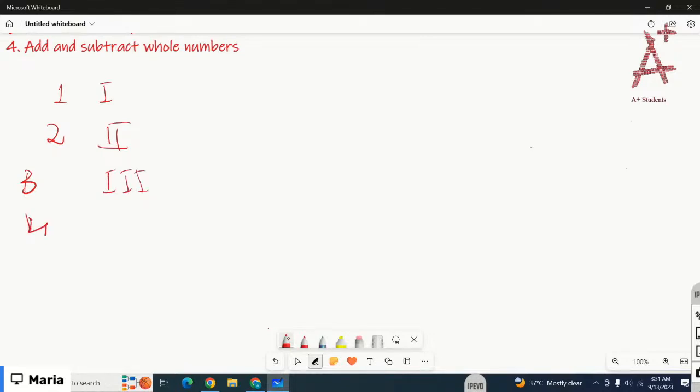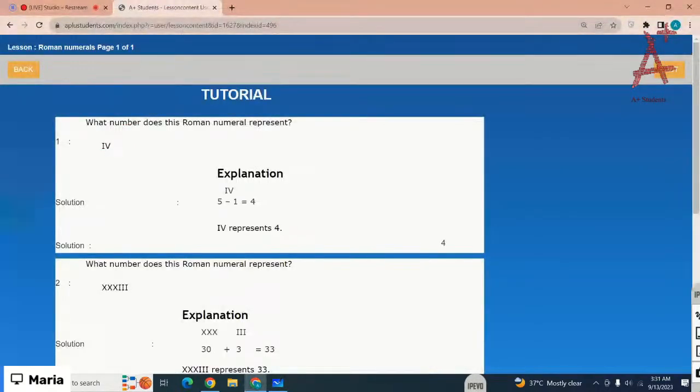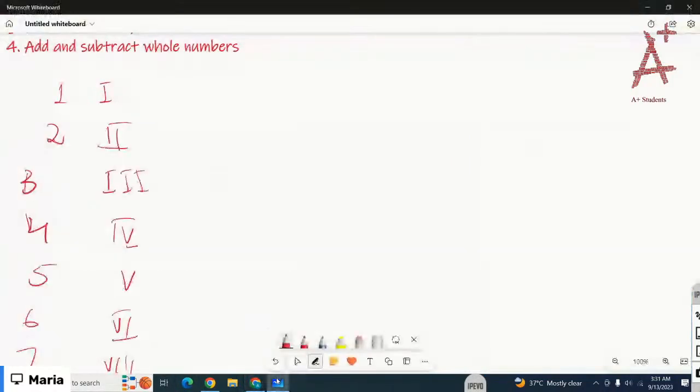Then you can write 4 as IV, then you can write 5 as V, then 6 as VI, then 7 as VII, right? That is 7, not 8. Then 8 is VIII, that is 8. 9 is IX and 10 is X, right?